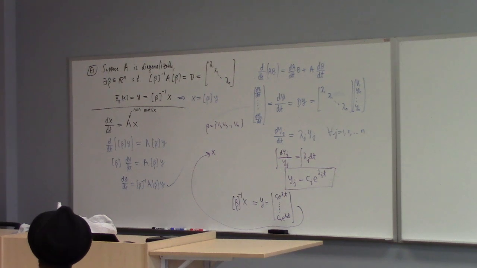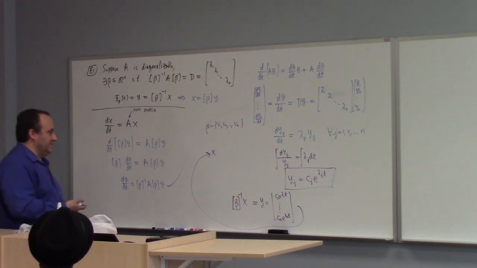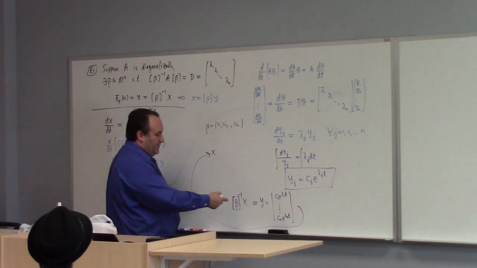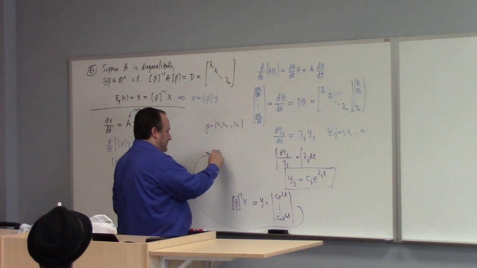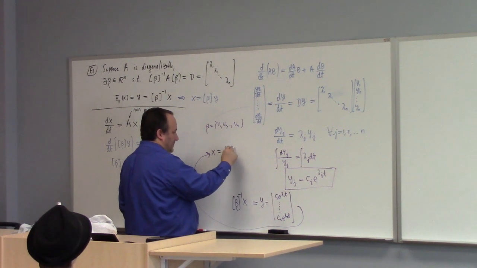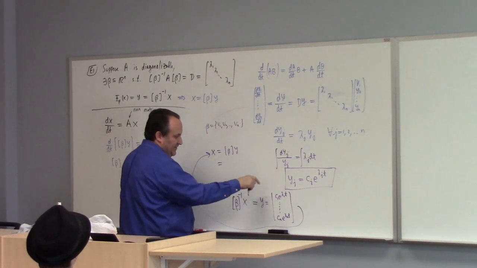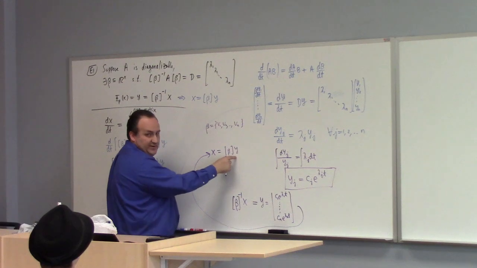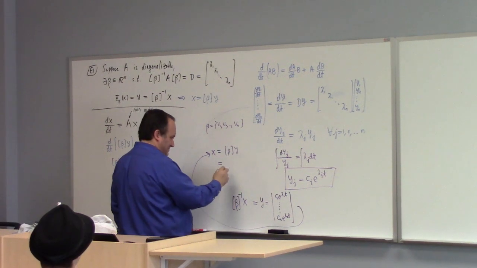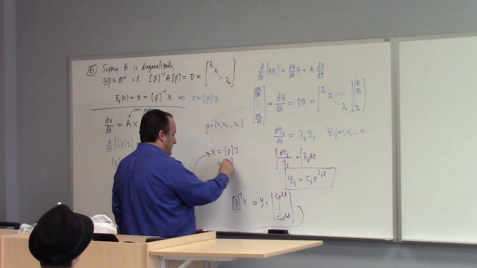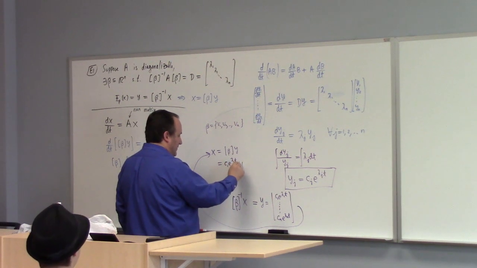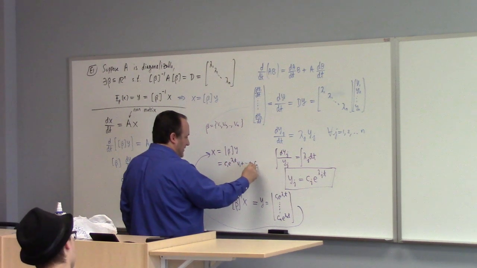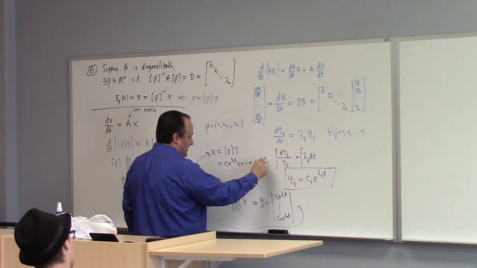If we understand the theory, we have this ability. So x is beta y, right? But explicitly, when you multiply this times that matrix, what do you get? Well, you get c1 e to the lambda 1 t v1 plus dot dot dot plus cn e to the lambda n t vn.